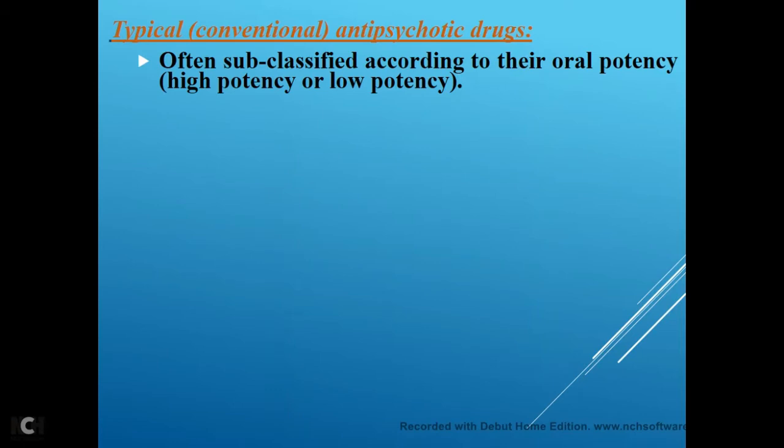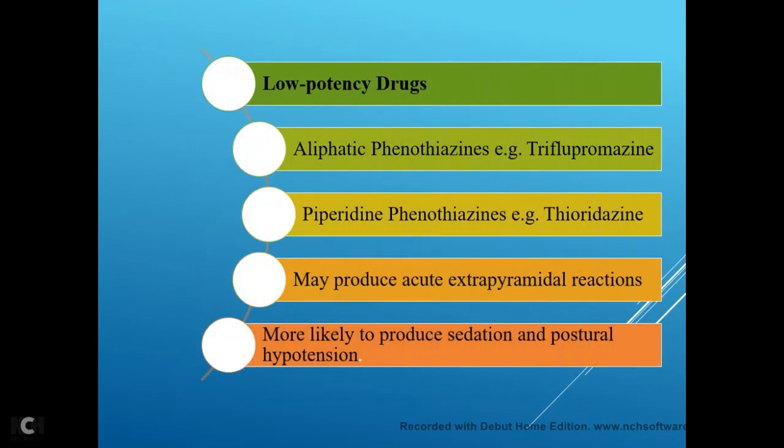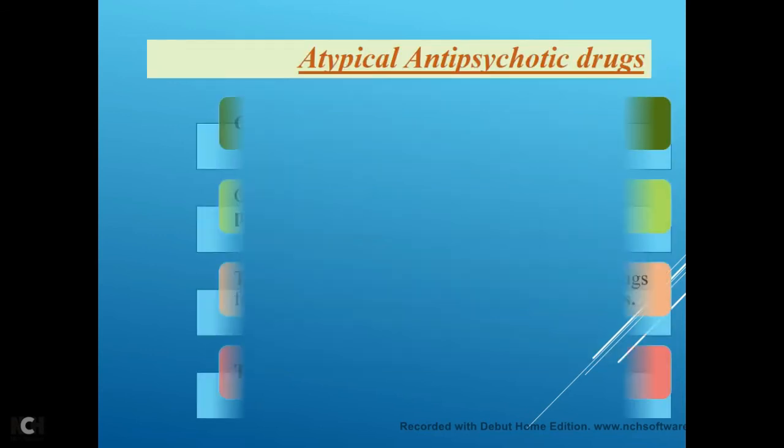The typical, conventional or old antipsychotic drugs are often subclassified according to their oral potency. The high-potency drugs like fluphenazine and haloperidol are more likely to produce extrapyramidal reactions. Low-potency drugs like thioridazine may produce acute extrapyramidal reactions but are more likely to produce sedation and postural hypotension.